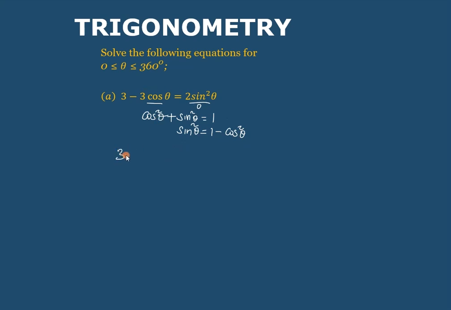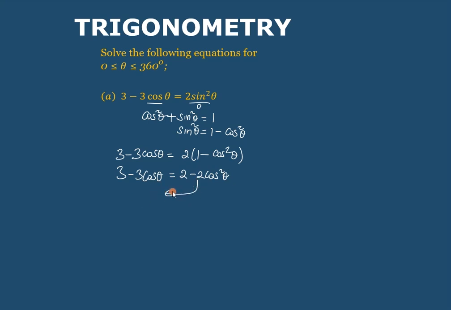So 3 minus 3 times cosine of theta is equal to 2 into 1 minus cos squared, and we shall have 3 minus 3 cos theta equal to, let us open the brackets, this is minus 2 cos squared theta.